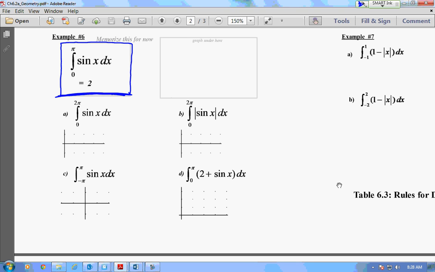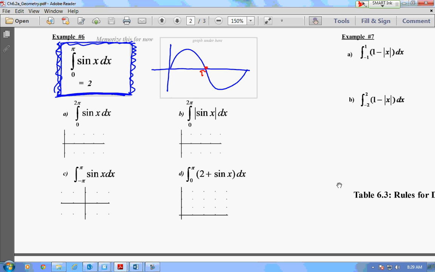If you integrate sine x from 0 to pi, it equals 2. For today's purposes, you need to memorize this. Okay, a sine graph, remember, looks like this. What are the critical points on the sine graph?